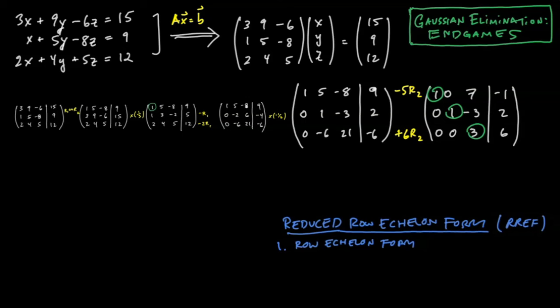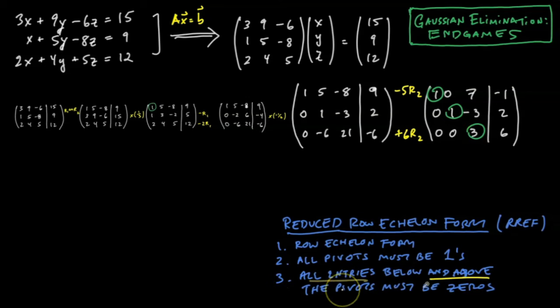But there's more on top of it. 2, all the pivots must be 1s, so not like this one where we had a 3. And 3, all entries below and above the pivots must be zeros. In mere row echelon form, all the entries below the pivots are zeros because of that staircase of zeros. But in reduced row echelon form, we want all entries above the pivots to be zeroed out as well.